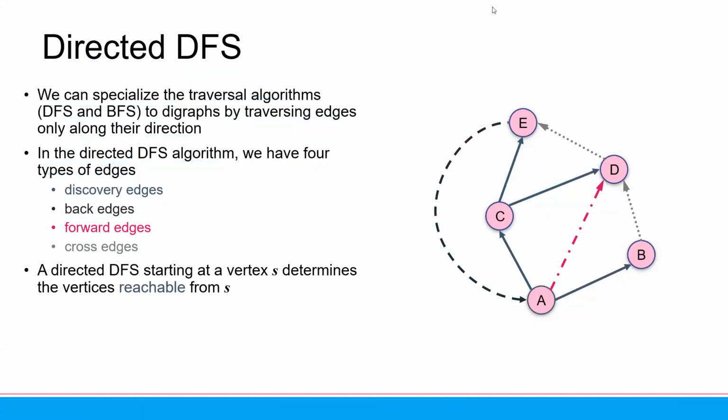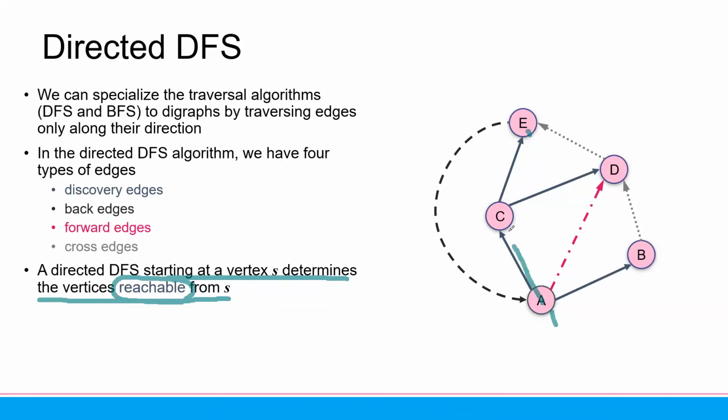The directed DFS starting at a vertex S determines the vertices reachable from S. So we want to know whether the vertex is reachable. The key point is reachable. If I want to go from A, can I reach E or not? If I want to reach E, there should be a path.